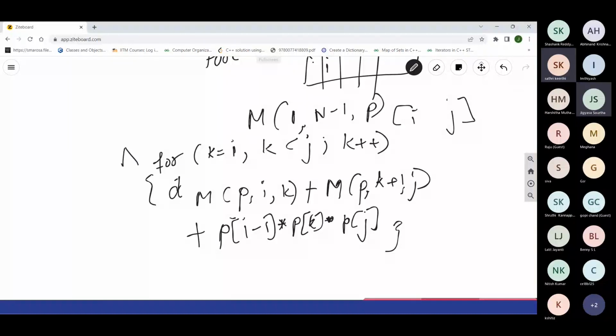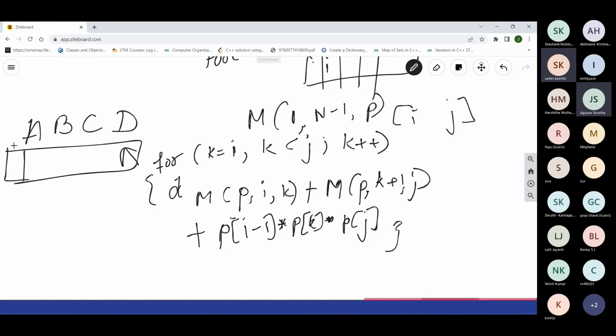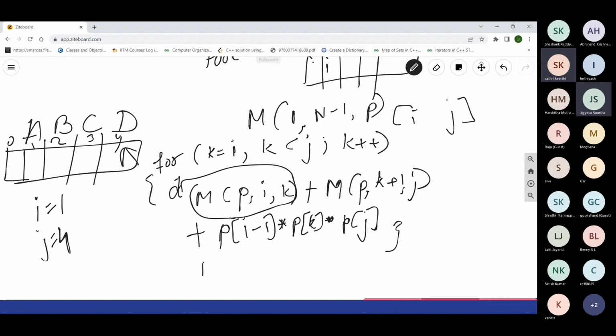So if you see that by an example, if A, B, C, D were the matrices, and you have been given this 0, 1, 2, 3, and 4, in that case your i was 1, your j will be 4, and you start splitting from k. So first of all, you call the multiplication of m, p, the array.